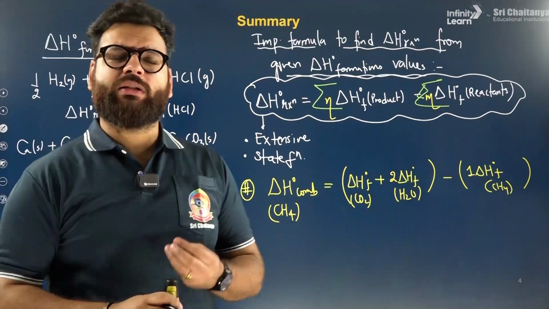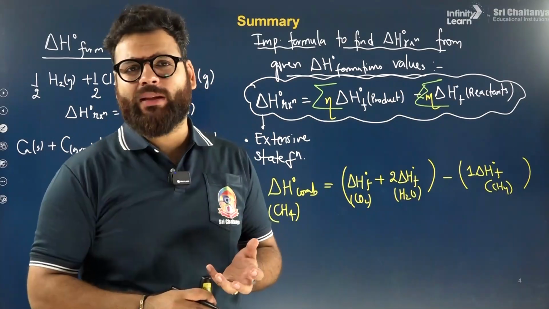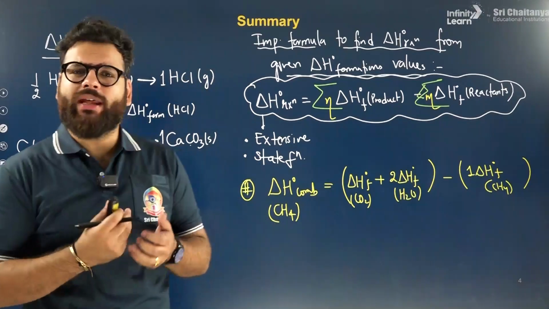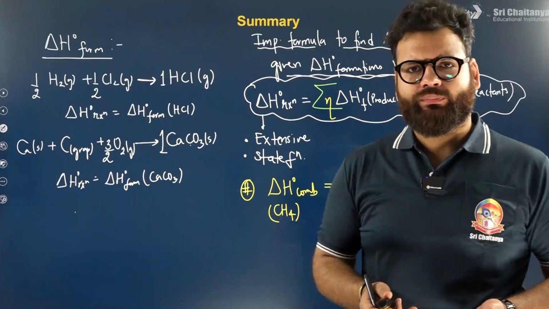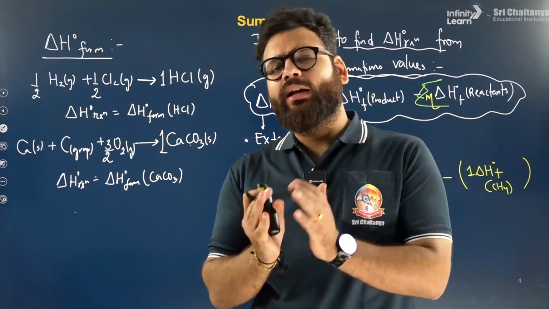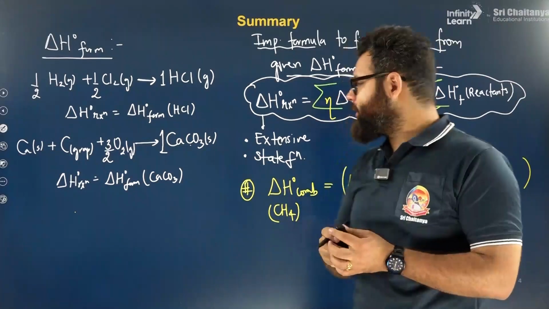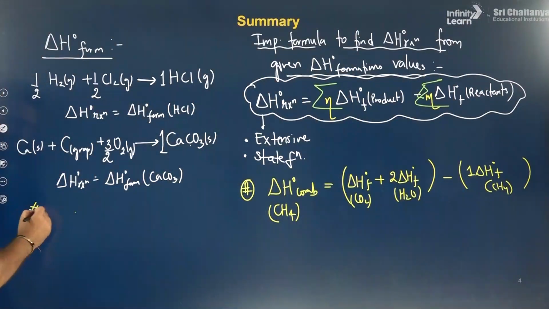Next, if I say what is the hydration enthalpy of, or what is the hydrogenation enthalpy of benzene? Hydrogenation means what? To add hydrogens. So you take benzene, you add 3 moles of hydrogen, you make cyclohexane. Correct? That enthalpy will be called as hydrogenation enthalpy. How can I write it in terms of formation? I can write like this. You can all see here another example.